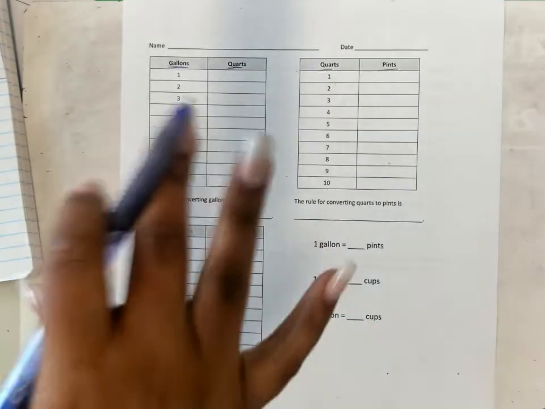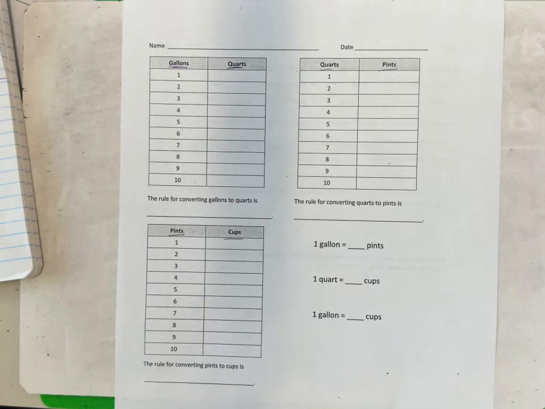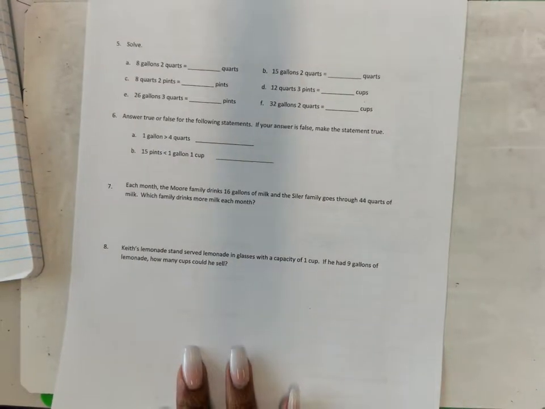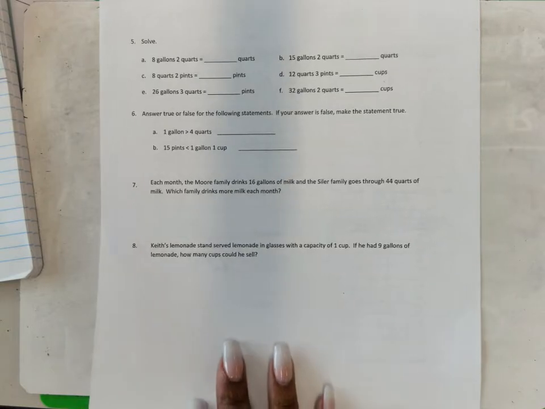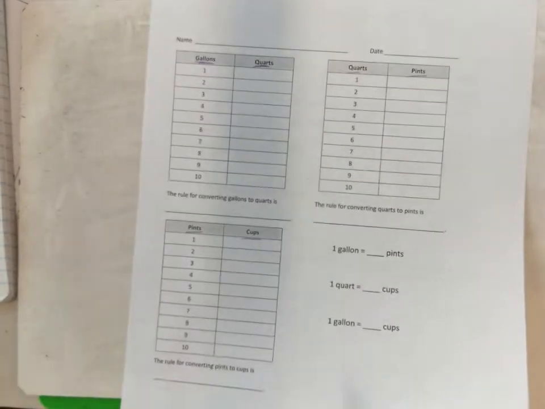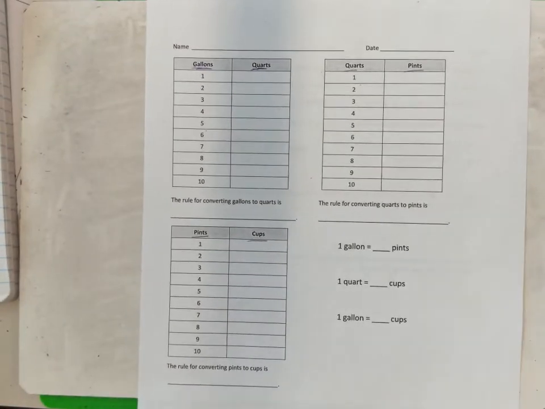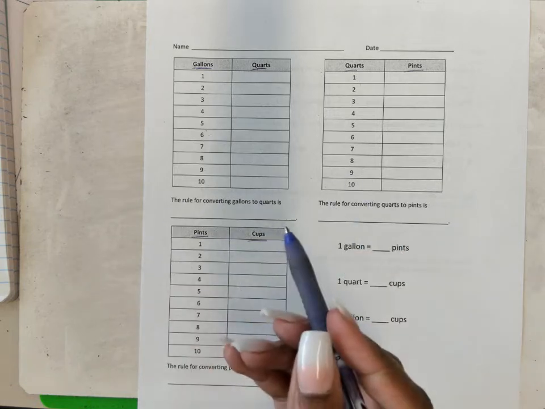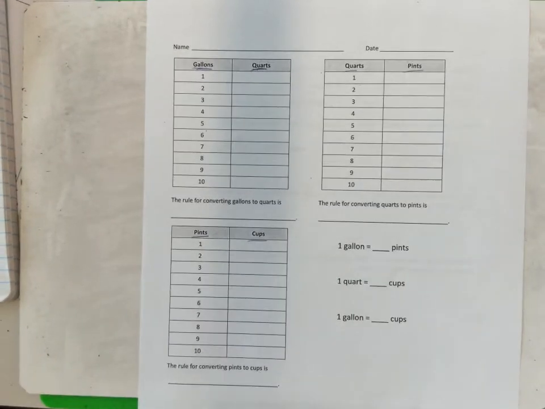This is just for practice purposes. On the back of the sheet, we have a couple more questions for us to practice with our conversion. In some cases, we're going to have to come up with our own charts, but this is just to give you an example of how to actually convert.